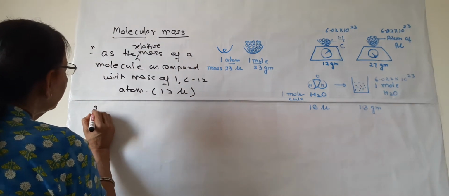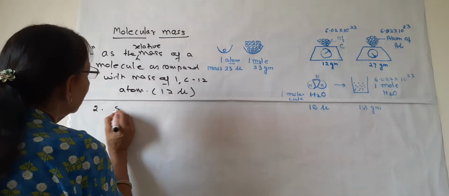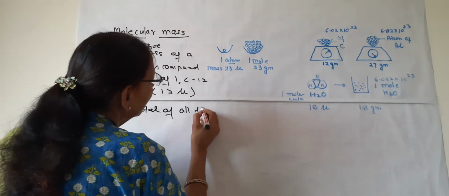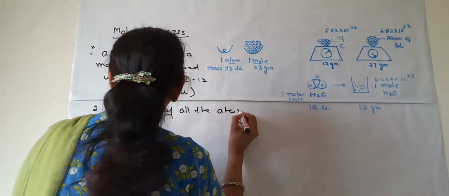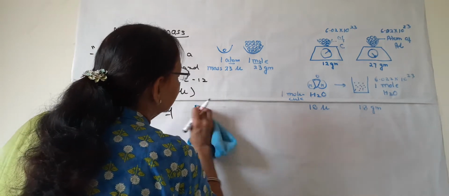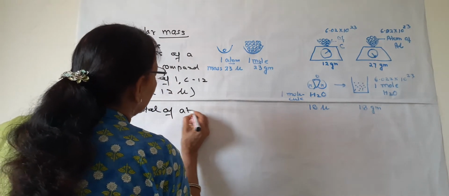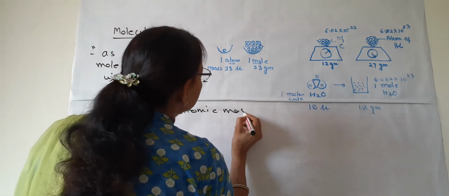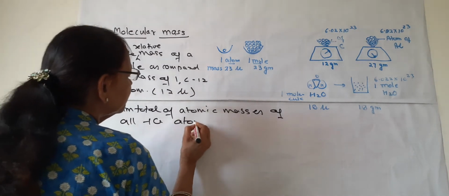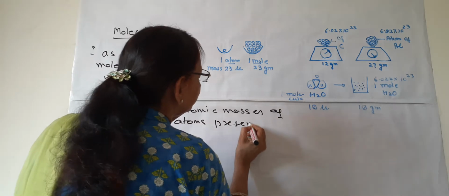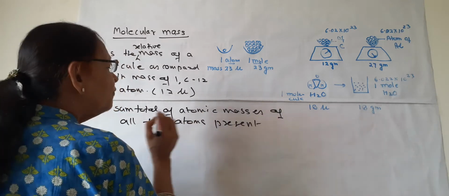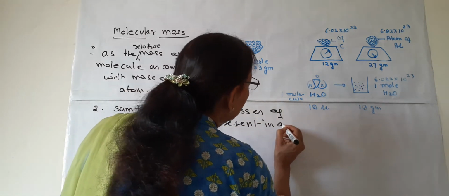And how is it calculated? The mass is calculated as the sum total of atomic masses of all the atoms present in a molecule.